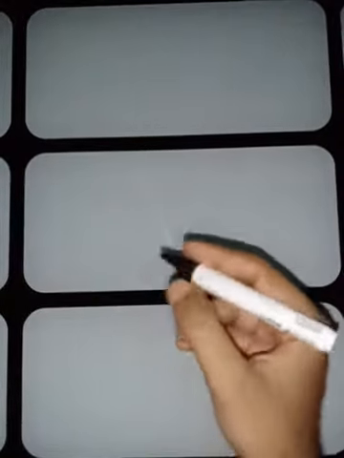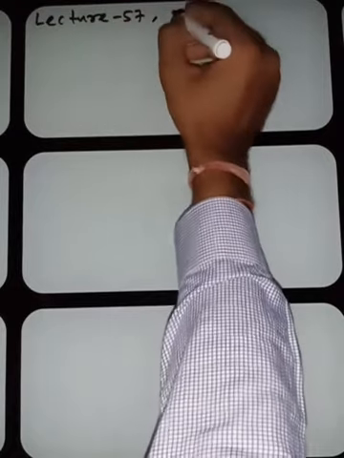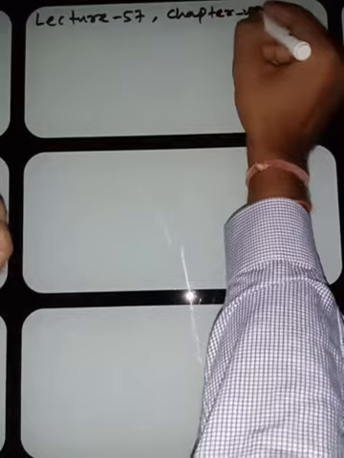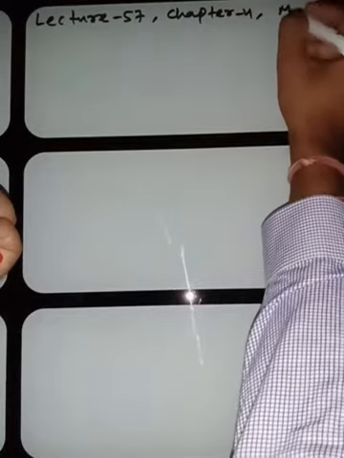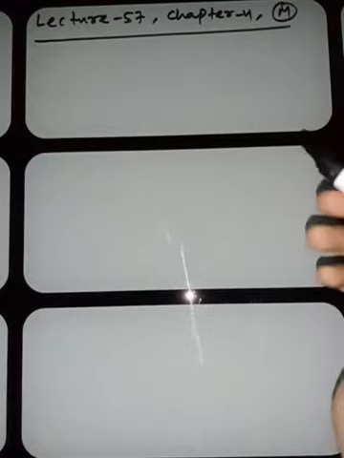Today we are in lecture number 57, Chapter 4 of Moving Charges and Magnetism.